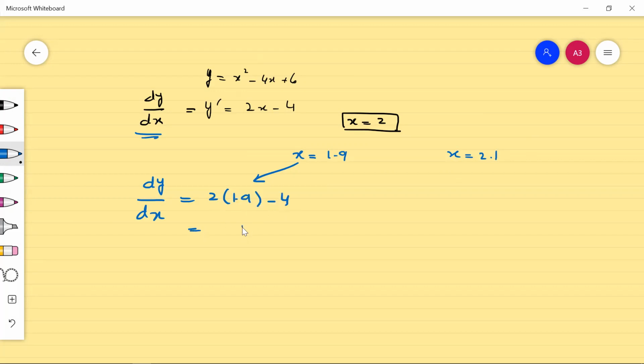And for the other, dy over dx would be 2 into 2.1 minus 4.